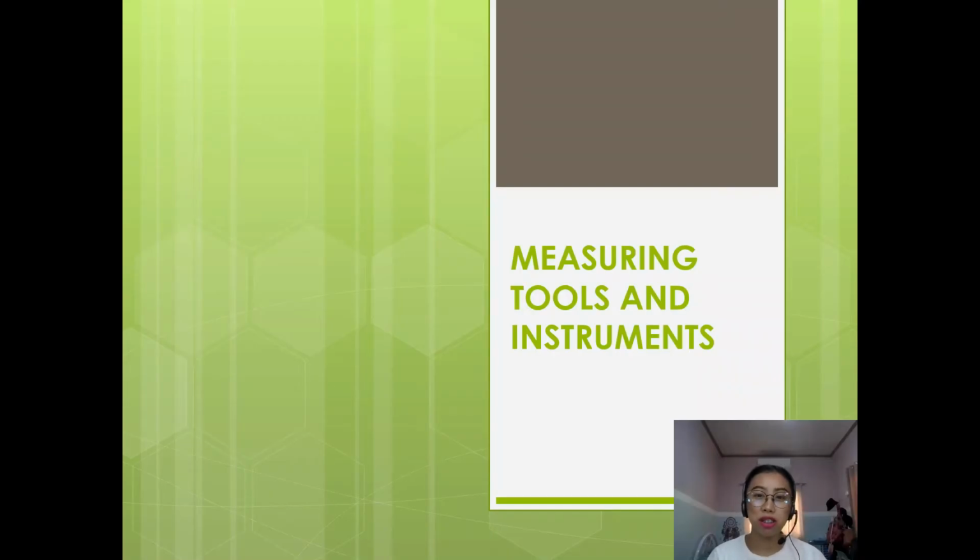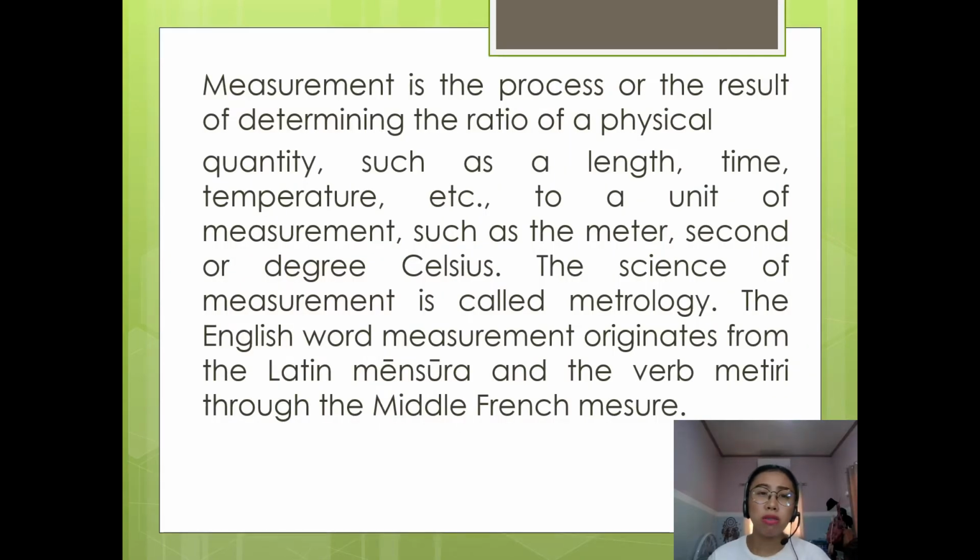For our first topic today, it is all about measuring tools and instruments. What are the different measuring tools and instruments used in electrical installation and maintenance, and what are their uses? Let us first know what measurement is.